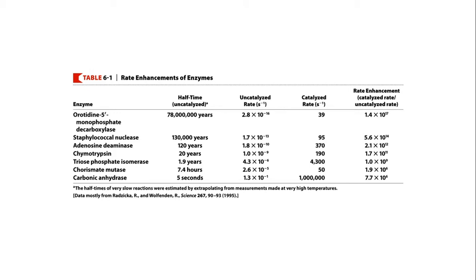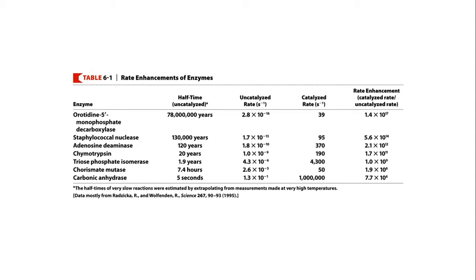We'll definitely see this in DNA replication. So these are some examples of the rate enhancements of enzymes. Orotidine 5' monophosphate decarboxylase. This enzyme catalyzes an essential step in nucleic acid biosynthesis, or the synthesis of nucleic acids.